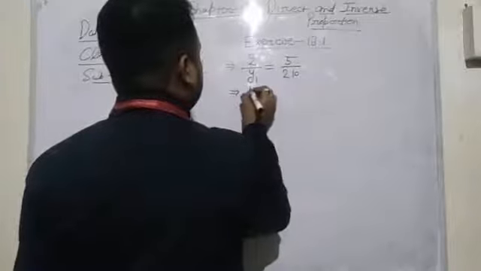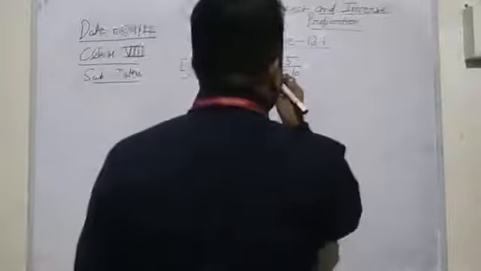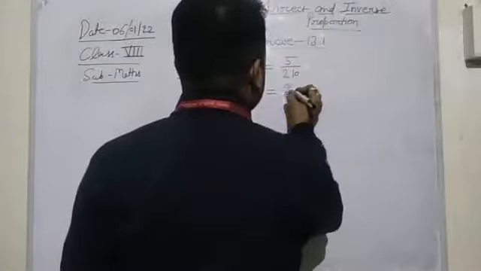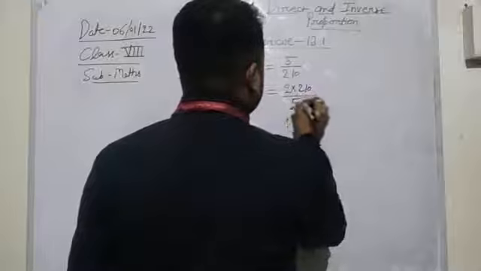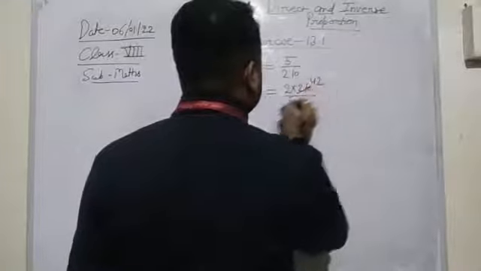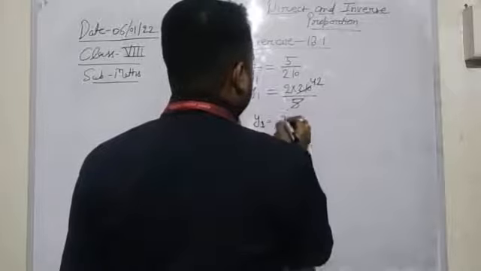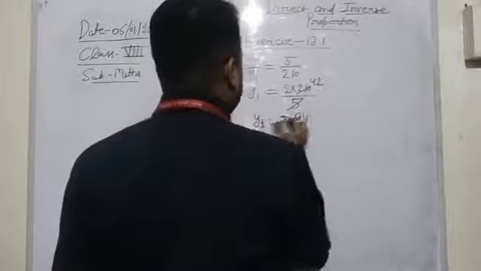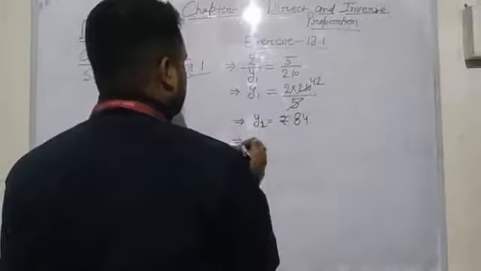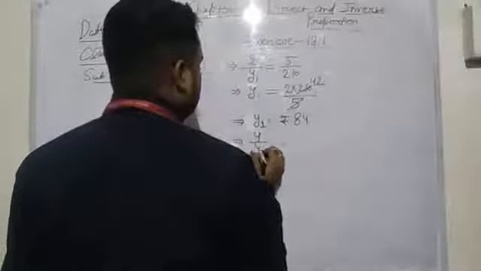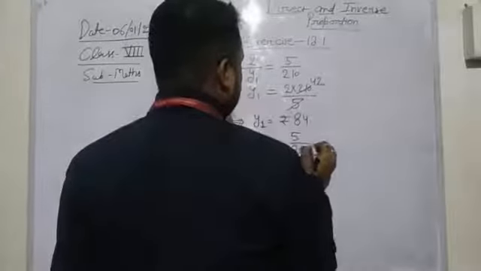Then we have the value of y1 as 2 into 210 upon 5, that is 42 times 2, so y1 will be rupees 84. And 4 upon y2 is equal to 5 upon 210.